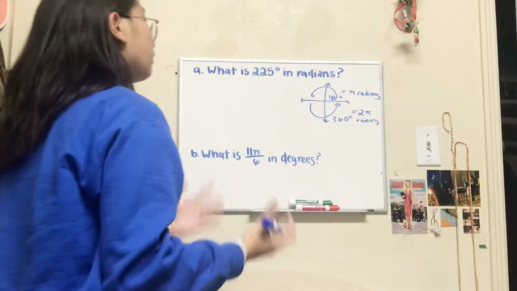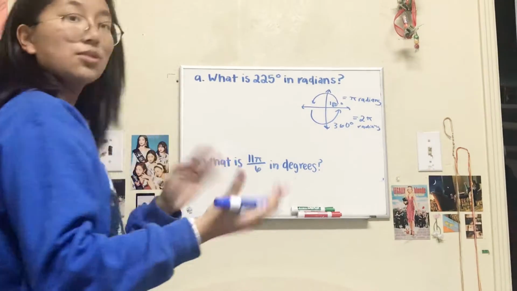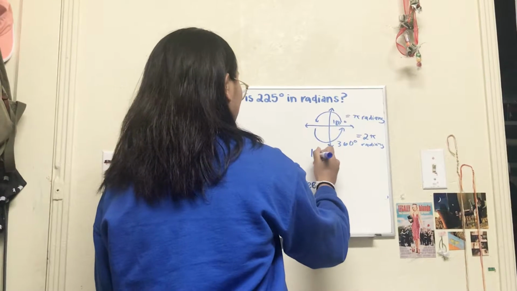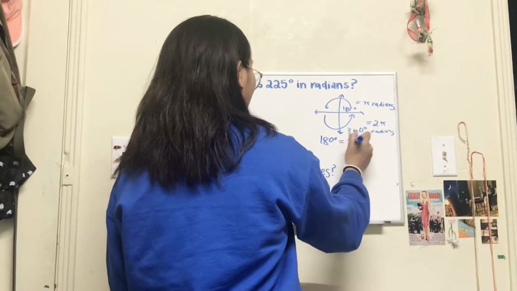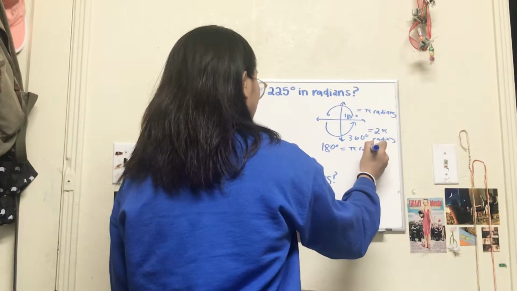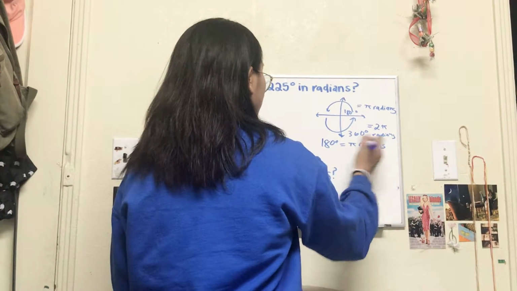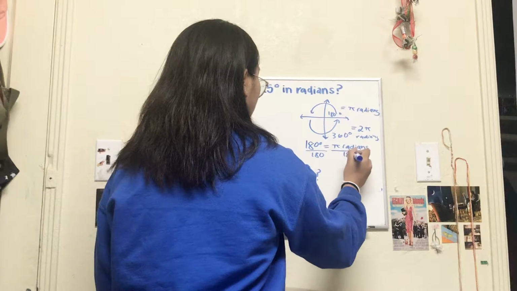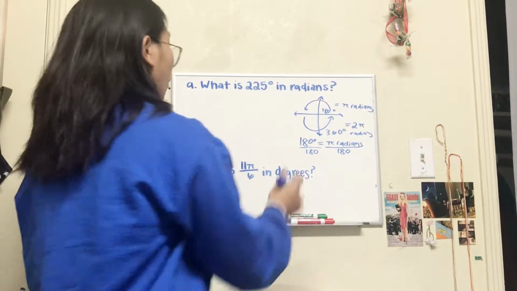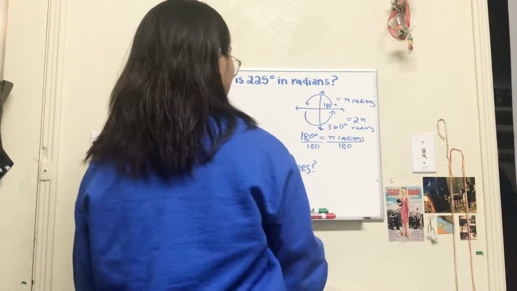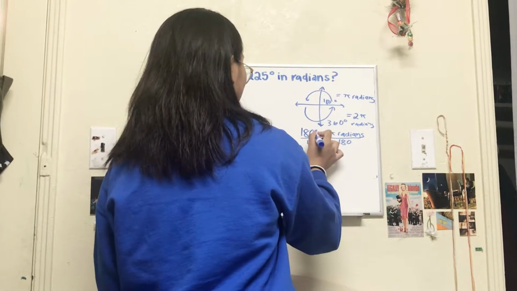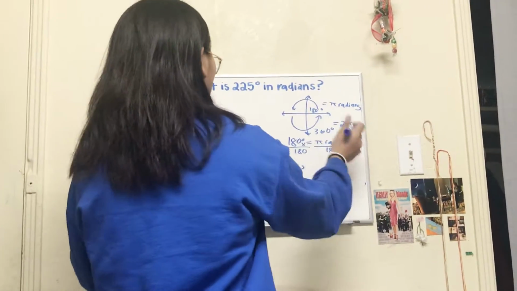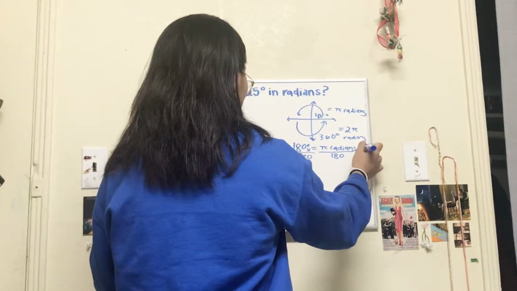So in order to find the formula to convert from a degree to a radian, we would take the fact that 180 degrees equals pi radians and then divide both sides by 180 degrees in order to find out what the degree is. So in other words, think of it as 180 over x degrees and pi over x radians.